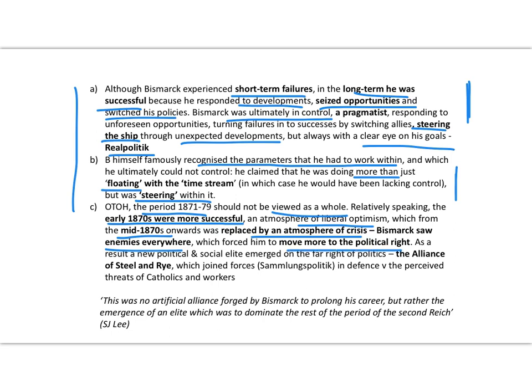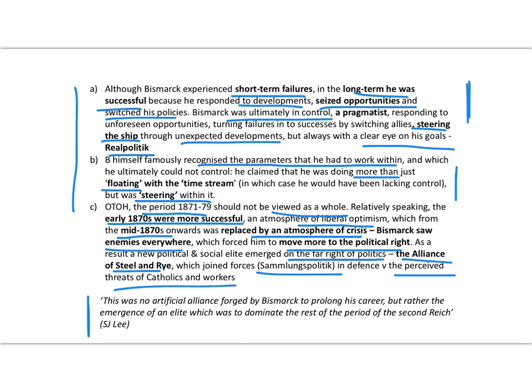He's taking on the Catholics. That failed. He then takes on the socialists. That failed. He then moved to ally with the more traditional forces on the right wing, the conservative Junkers, the alliance of steel and rye, the Sammlungspolitik, because he was overreacting to the international threats of Catholics and workers.